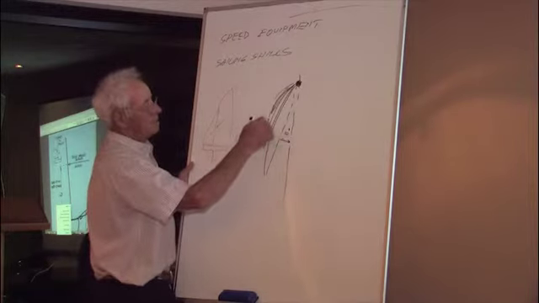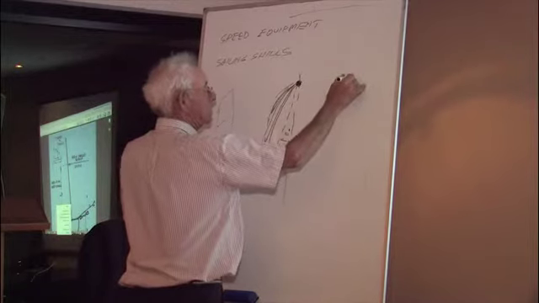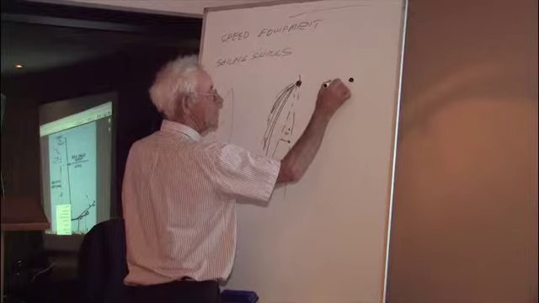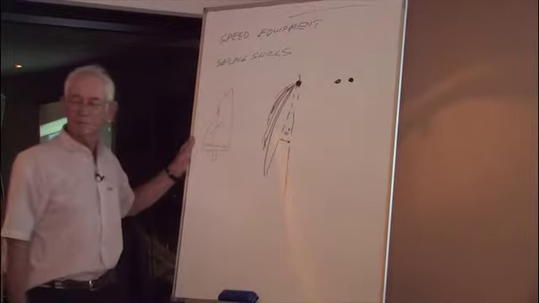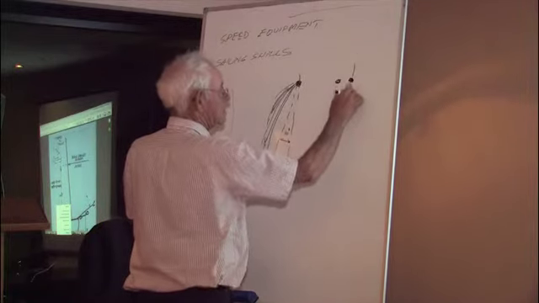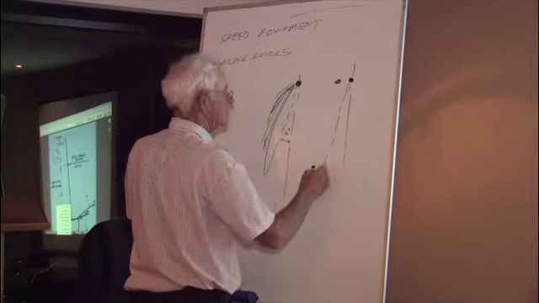So that's what's happening now. When it's windy, the bottom of the forestay is still here, but the middle of the forestay is here to leeward. Right? So here's the centre line of your boat again. This is the sheeting angle here.